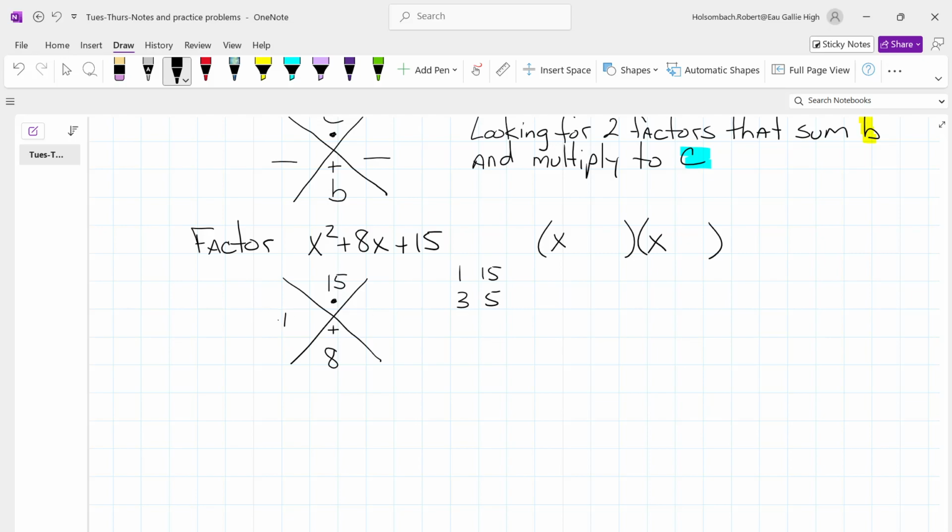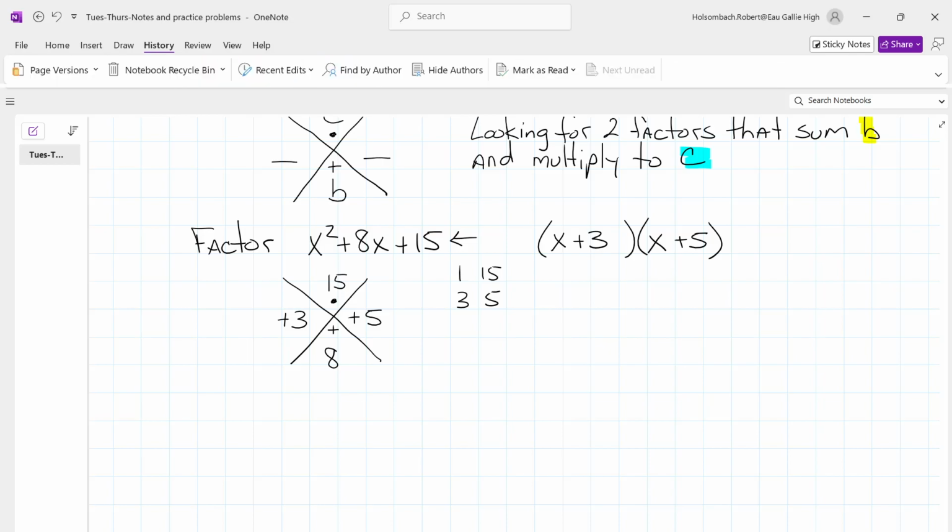So positive 3 plus positive 5 equals positive 8, and positive 3 times positive 5 equals positive 15, then those are our two factors. And then we just move those factors into these binomials. So x plus 3 times x plus 5 are the factors for x squared plus 8x plus 15. Simple enough? I hope.